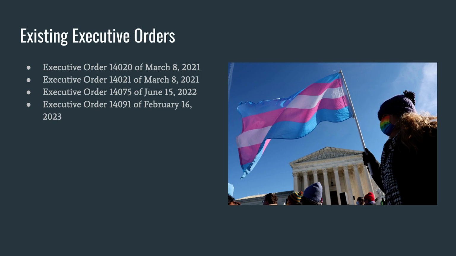And lastly, Executive Order 14091 of February 16, 2023, further advancing racial equity and support for underserved communities through the federal government, called for further actions to advance equity for underserved populations, defined as inclusive of LGBTQ plus people.